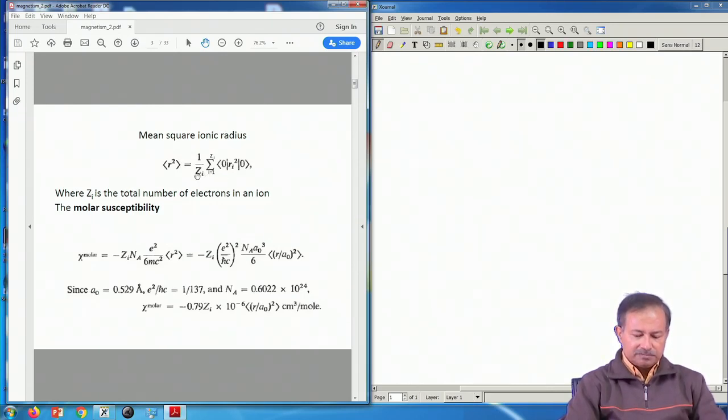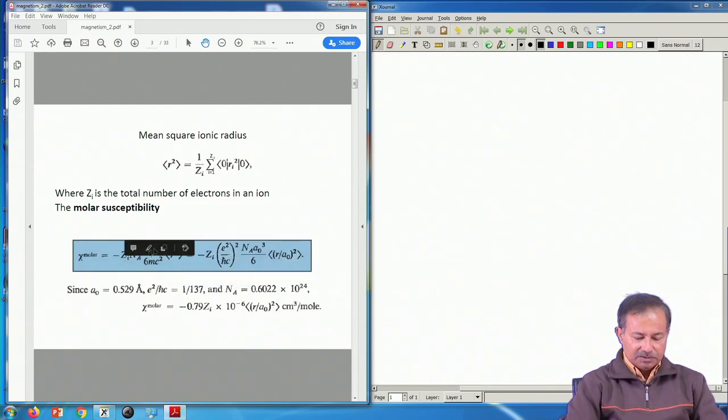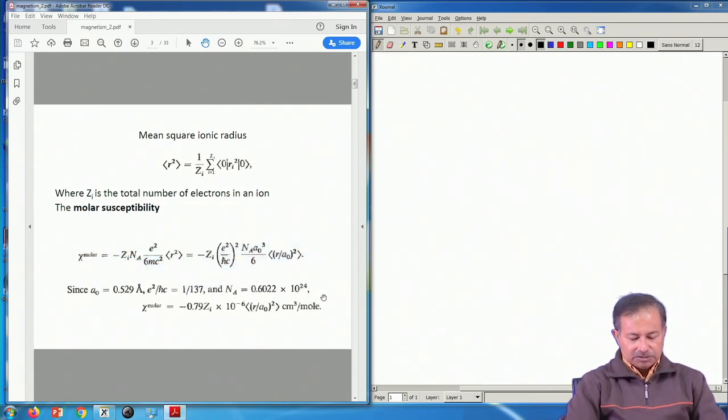So, over all the electrons you sum these ri squares and then divide by Z, the atomic number, and then you can write a molar susceptibility by this formula. This part is the diamagnetic susceptibility that we calculated, the Larmor diamagnetism, times these factors. It is typically of this order, for example.